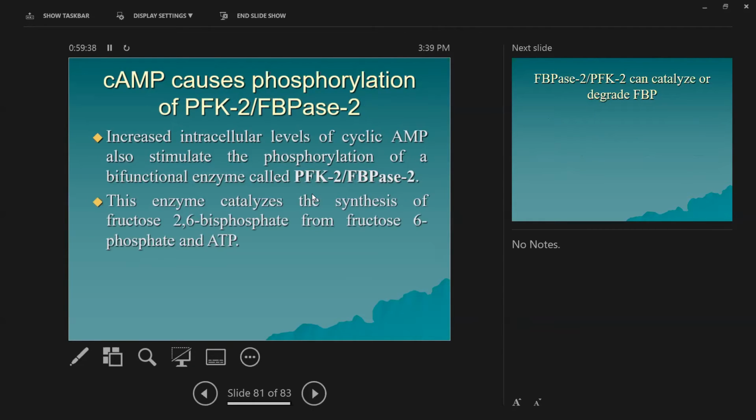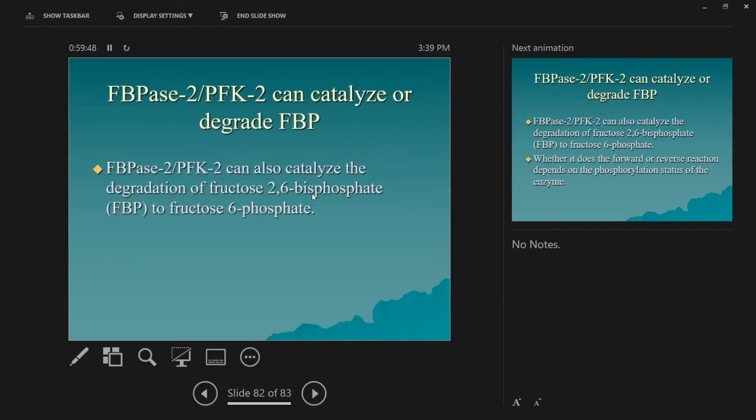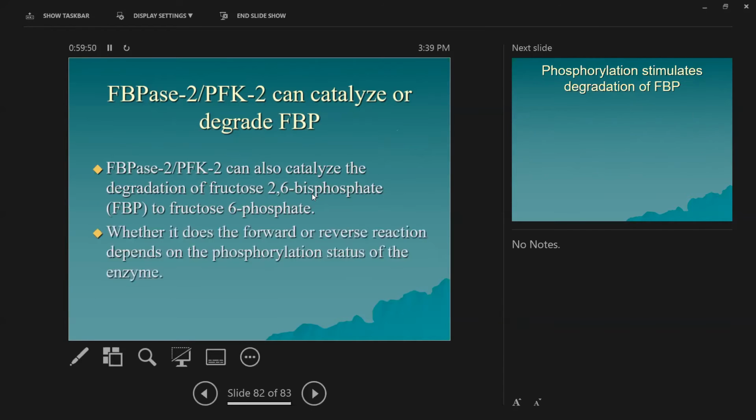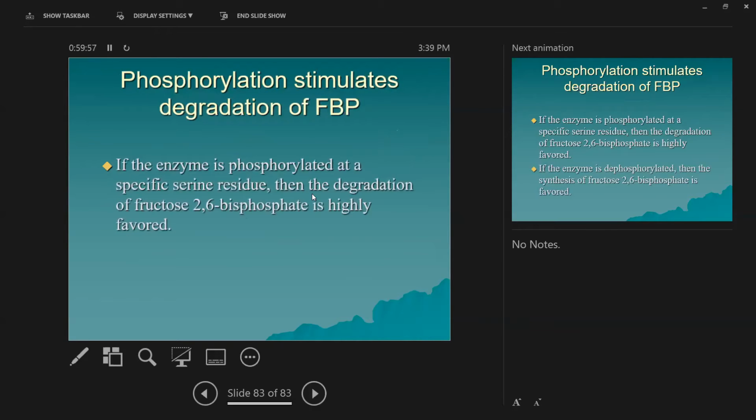This is how glucagon is going to activate gluconeogenesis and prevent glycolysis. And that's essentially how you regulate this thing called glycolysis.